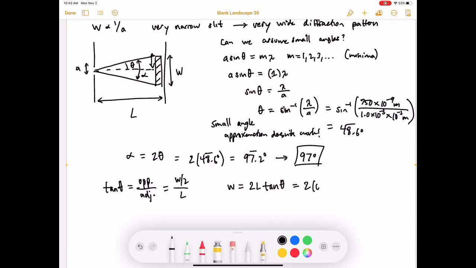So we have 2 times L, which is 0.2 meters, times tangent theta, which is 48.6 degrees. Now this works out to 0.453 meters. Keeping 2 sig figs and then converting to centimeters, that's about 45 centimeters. So that's how wide that central spot will be on the screen.